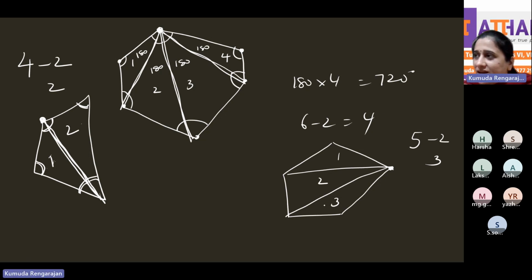If the polygon has n sides, you can divide it into n minus 2 triangles. So the sum of all the angles in a pentagon will be 180 plus 180 plus 180, 540 degrees. The sum of all the interior angles of a pentagon is 540 degrees, of a hexagon is 720 degrees.